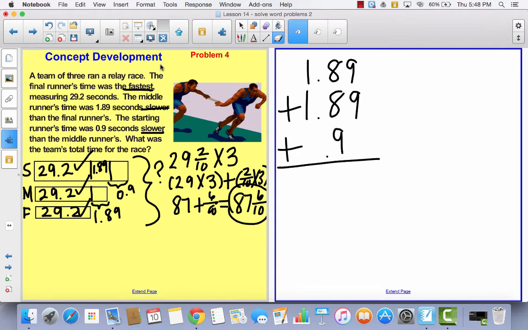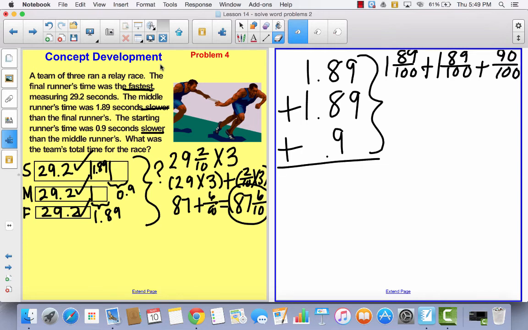Okay, so let's change this to fractions. So that would give me 1 and 89/100 plus 1 and 89/100 plus 90/100. Okay, so if I add my whole numbers, I have 2, and then I'm going to have to add all of these fractions. I can already see that this is going to be an improper fraction.